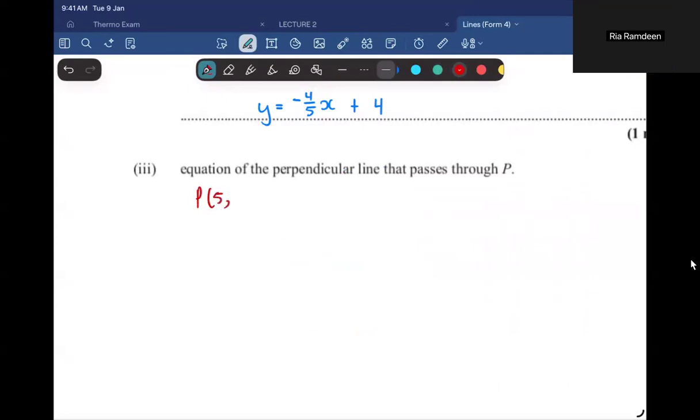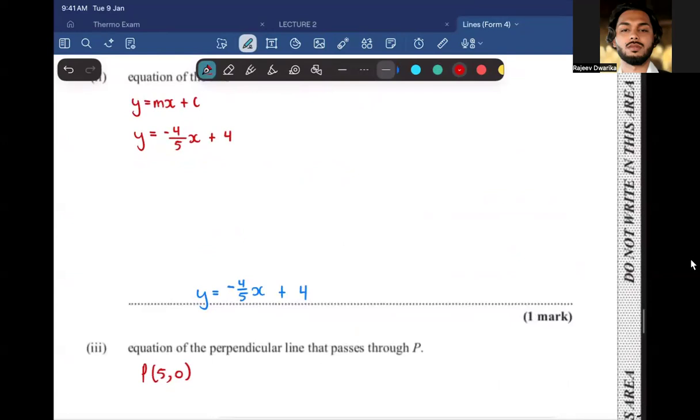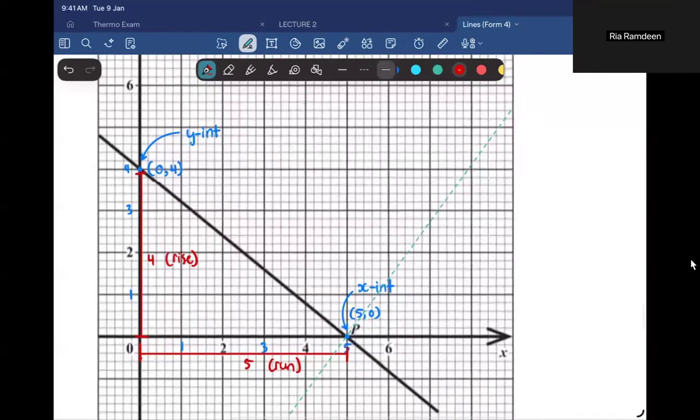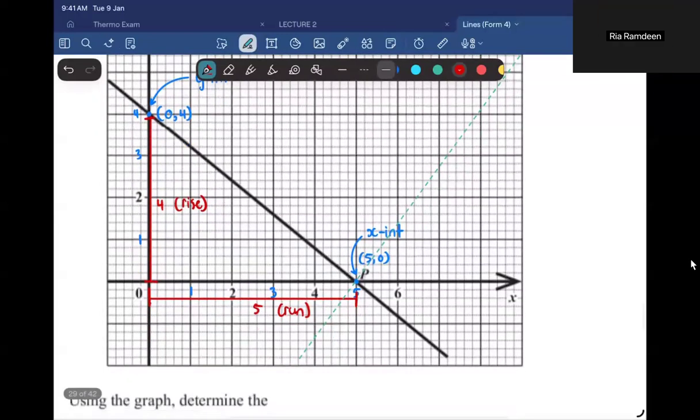Now, if you want to find the equation of a line, you need the gradient and the y-intercept. Do we have any of those just yet? No. But if the new line is perpendicular to the original line, and we know the gradient of the original line is minus 4/5, is it possible to find the gradient of the perpendicular line?